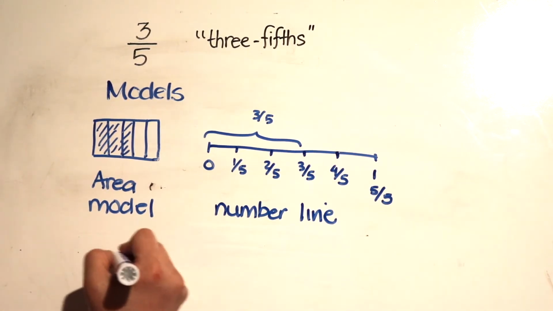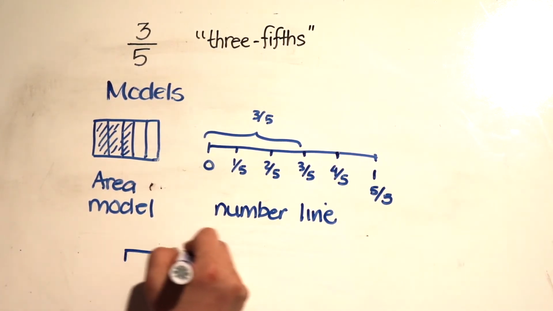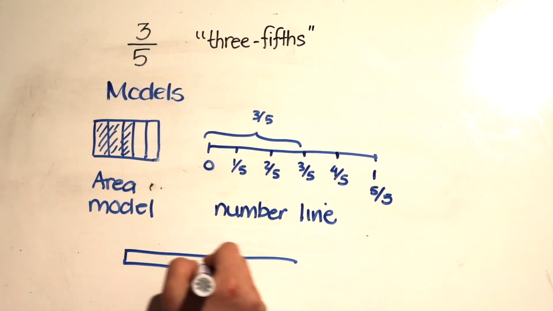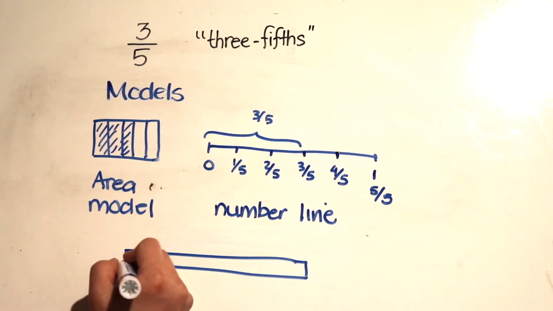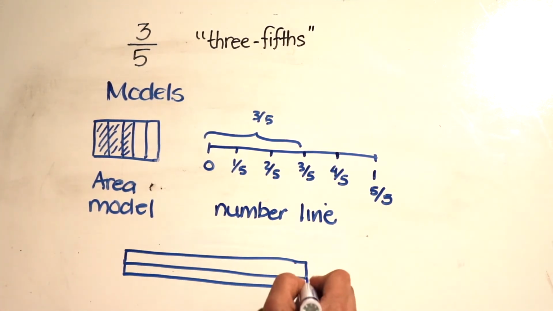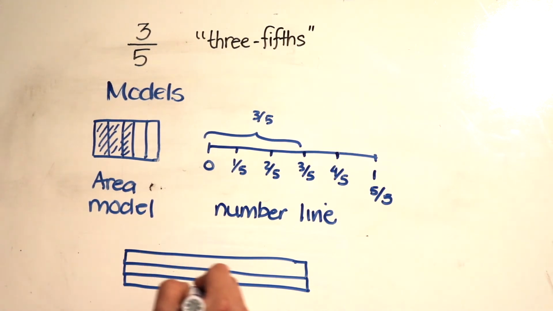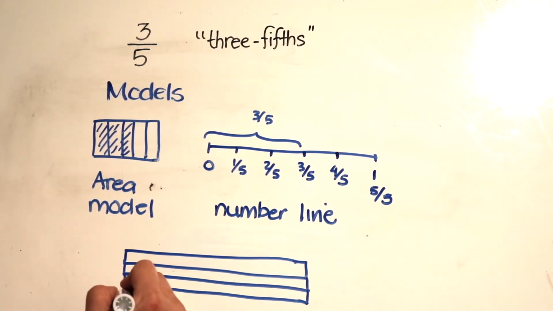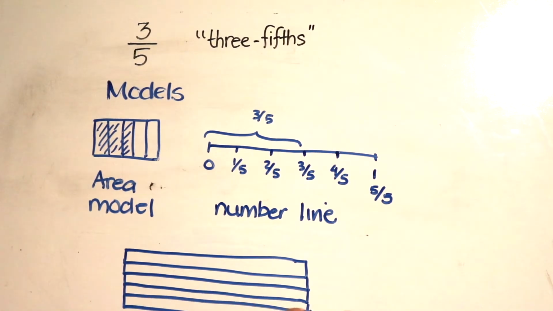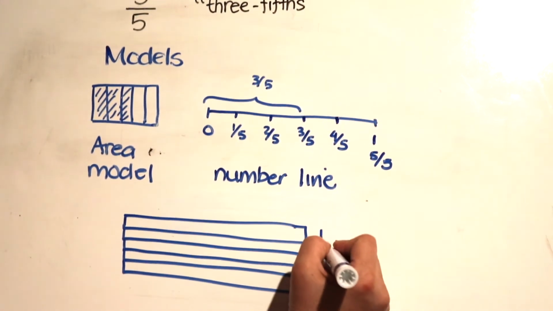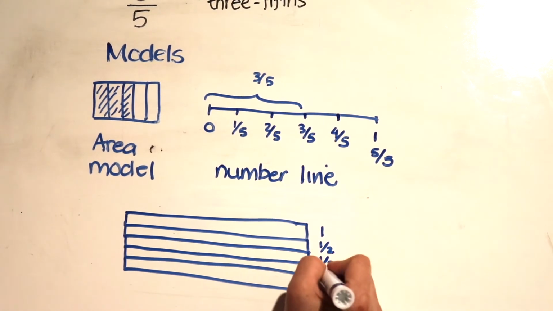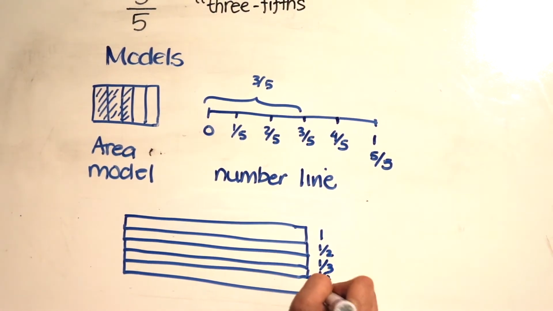And lastly, we can have a fraction strip. In a fraction strip, you can see the comparison between the different fractions. So let's say we did all of the fractions. So here's our whole, here's our halves, our thirds, quarters, and fifths.